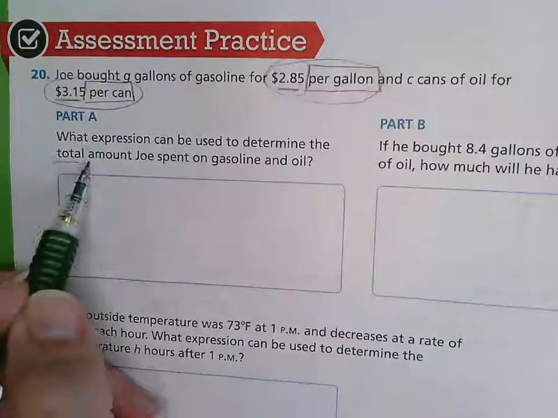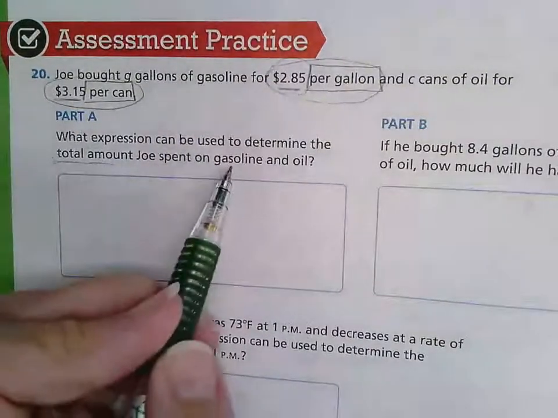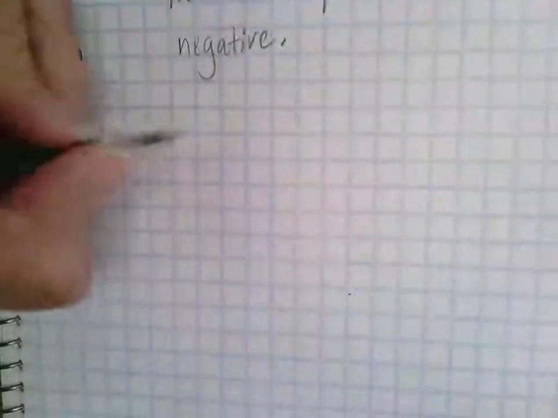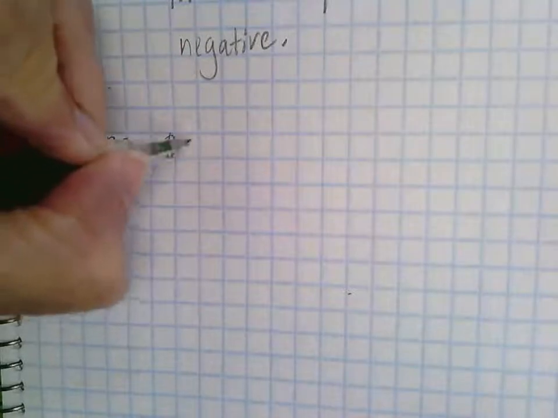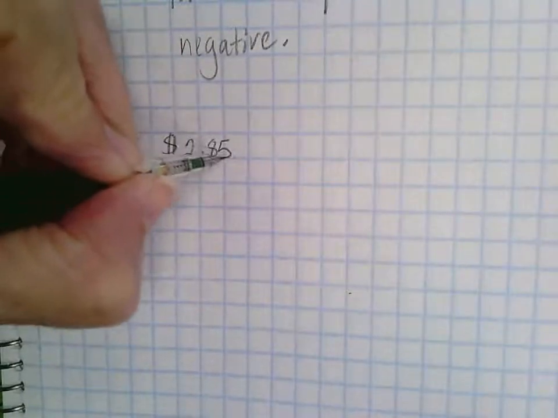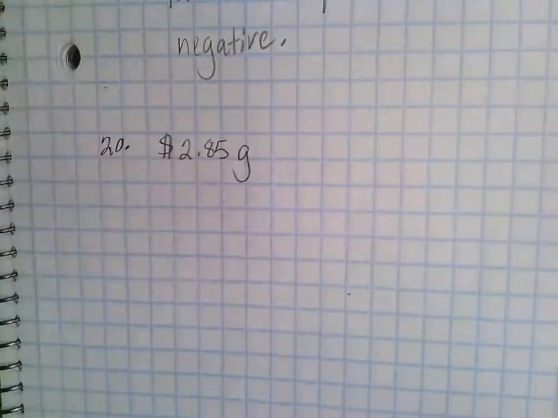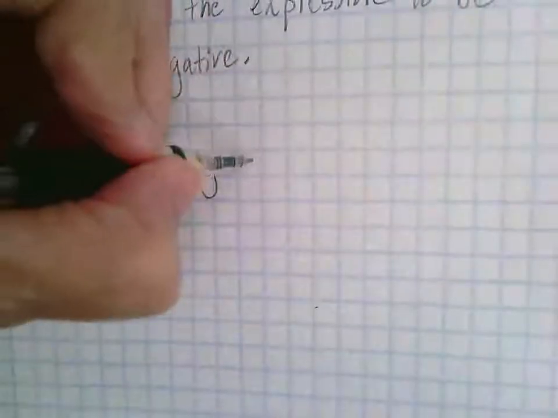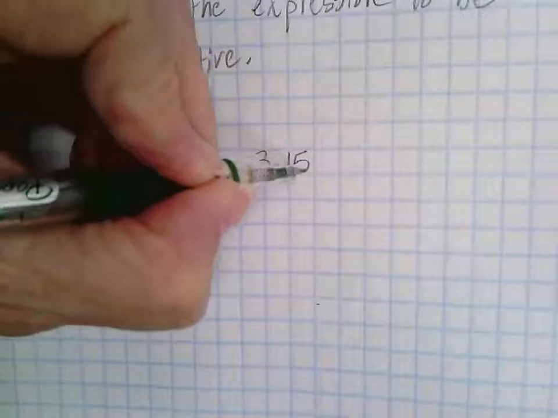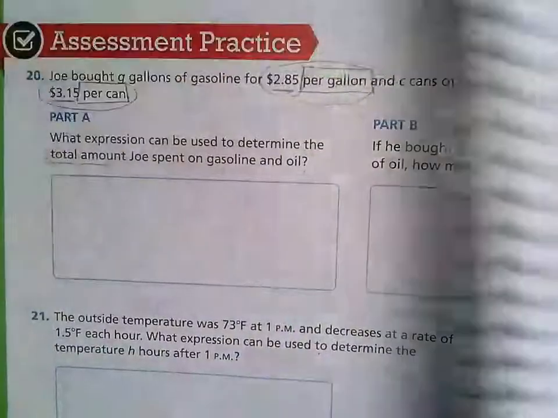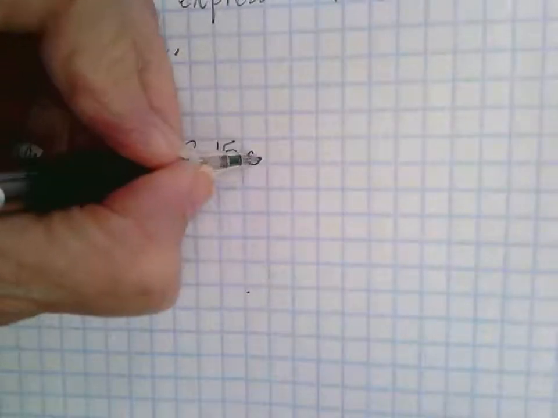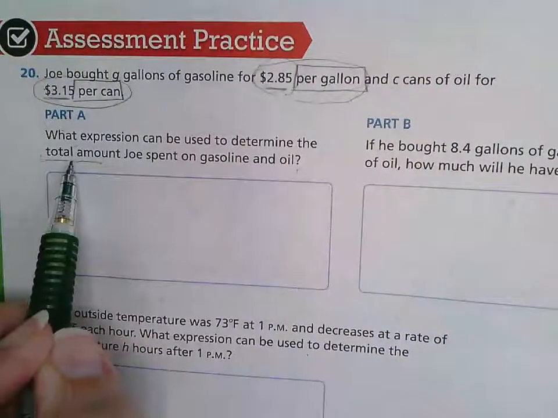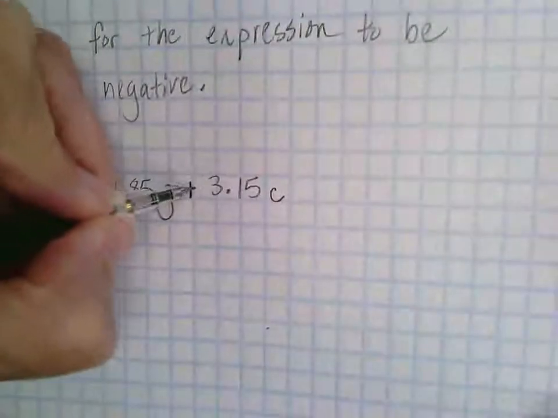So I want to find the total amount that Joe spends on gasoline and oil. So $2.85 G for gasoline and $3.15 C for the cans of oil. And my question is asking, what is the total amount that Joe spent?